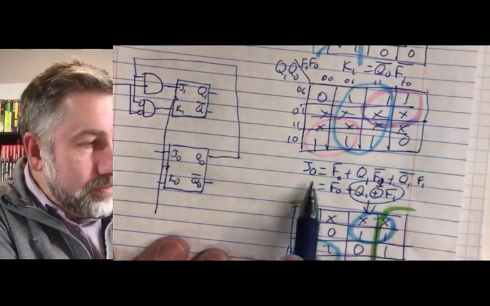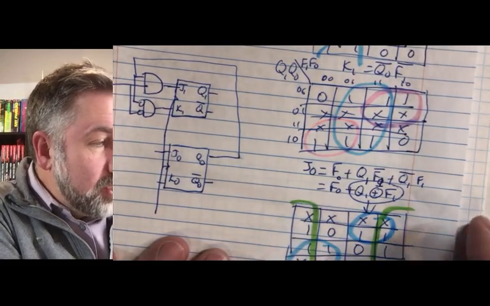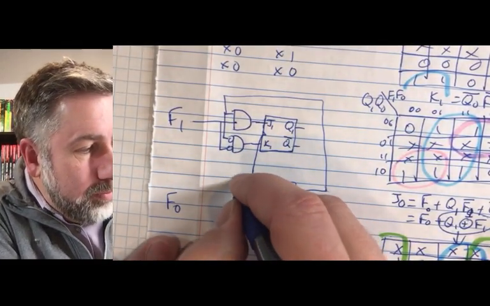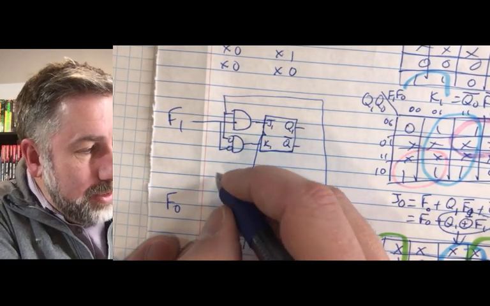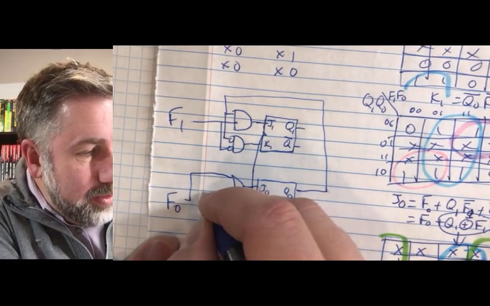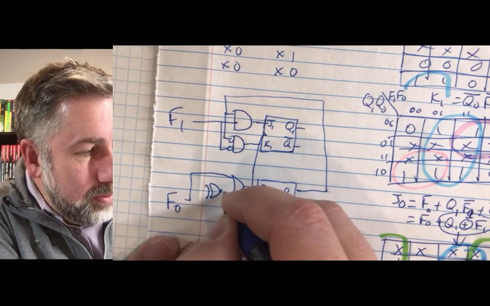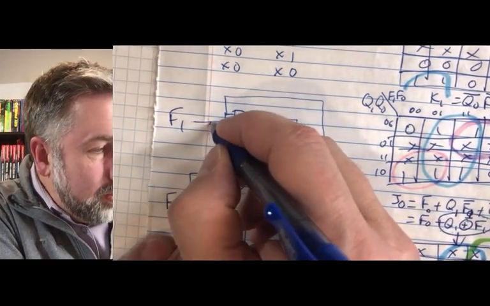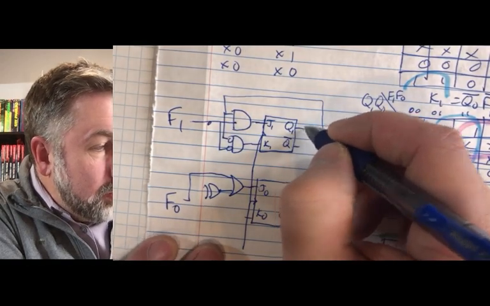Then J0 is going to be F0 or an exclusive OR. So we need an OR first, and then F0, and then an exclusive OR here, and the exclusive OR is Q1, F1. So here's F1, and you need Q1 to come around now.